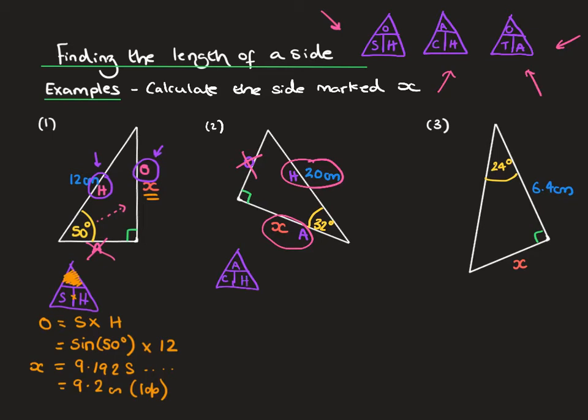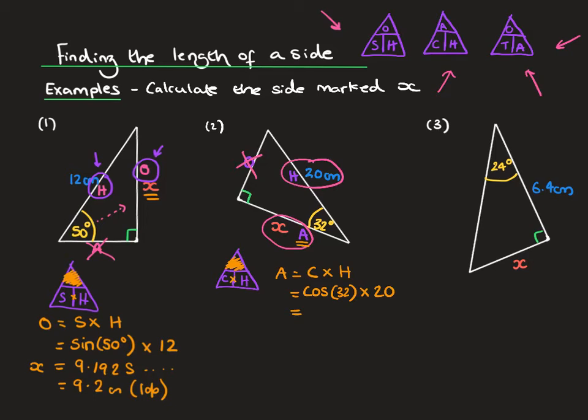Now, cover up what you are trying to find. We are trying to find the adjacent, which is labelled X. So we cover up A. And the formula triangle tells us that C and H are next to each other, so A is equal to C multiplied by H. What does the C stand for? It stands for cos of the angle, 32, multiplied by the hypotenuse, which is 20.